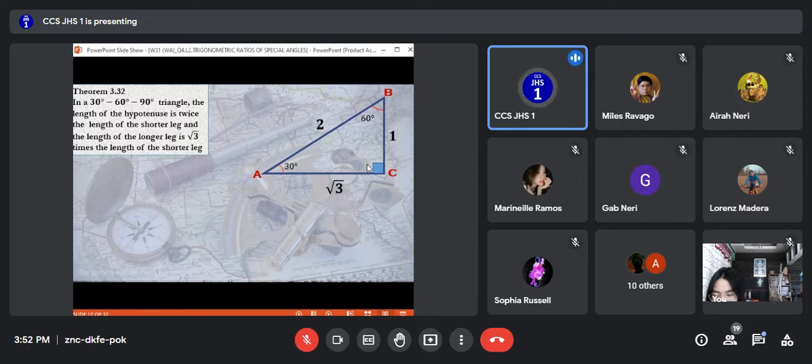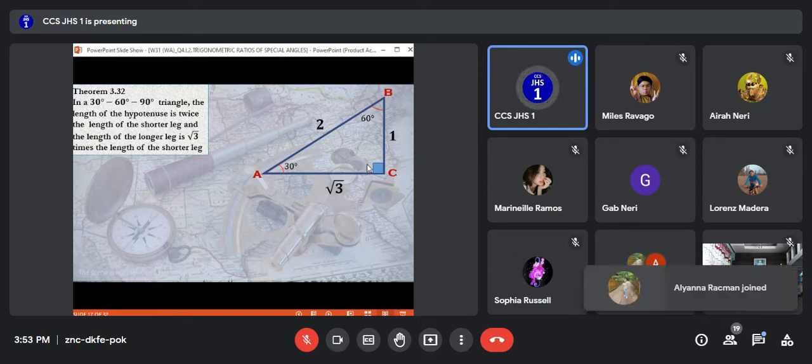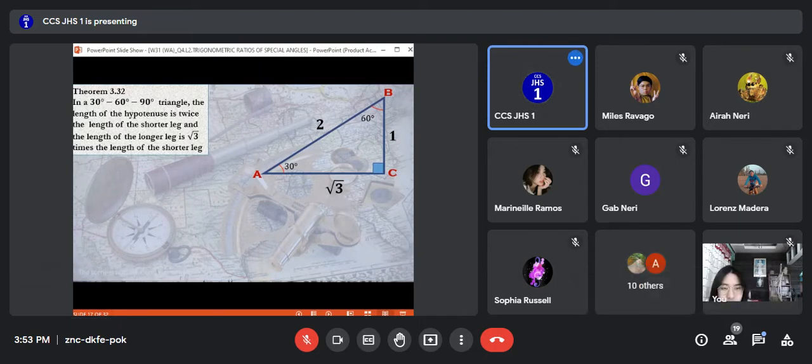You can change the dimension, but you have to use the multiples. For example, if our BC is 4, our AB will be 8, and AC will be 4 square root of 3. But when you express the simplest dimension, it is still 1, 2, and square root of 3.